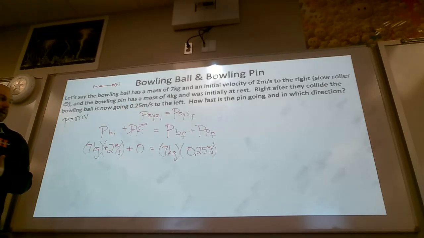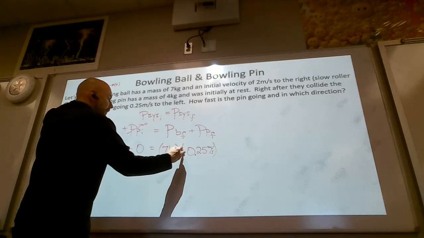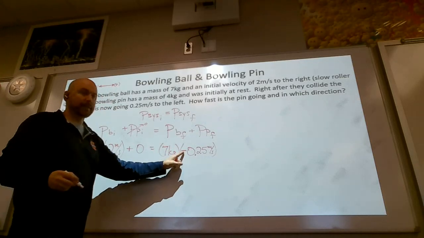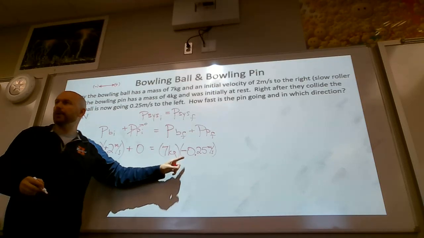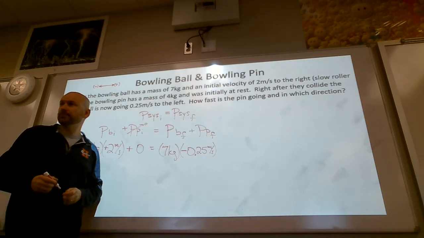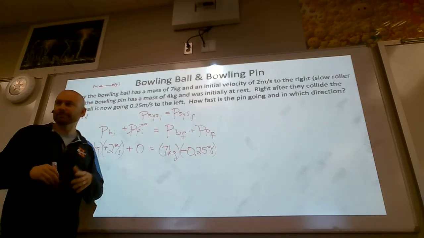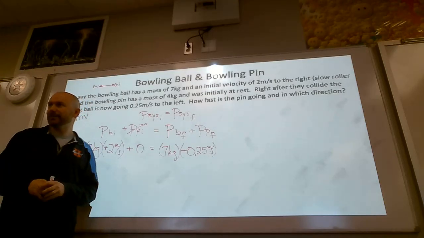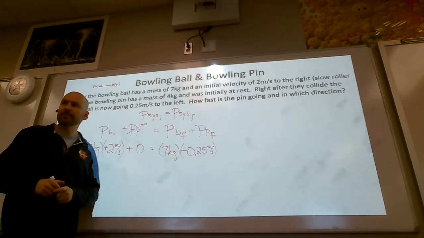It's a vector, it's a velocity, it has direction. I need to assign a sign to that. Left is negative right there. That is why you're going to miss or get this problem right. That detail right there. That is as hard as it gets. You remembering to put that.